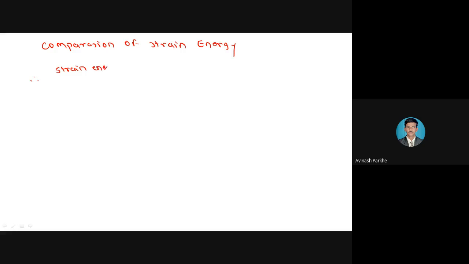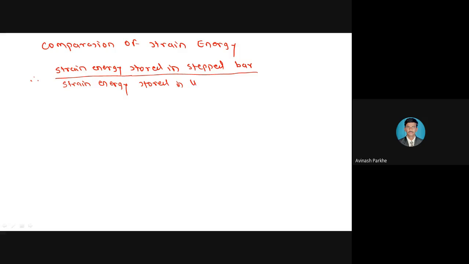Therefore, strain energy stored in the stepped bar divided by strain energy stored in the uniform bar.